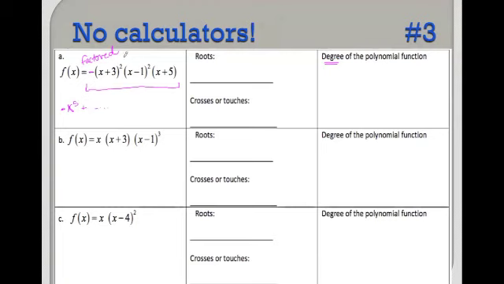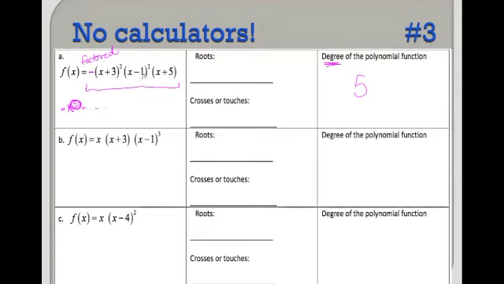Okay, and you would get that by foiling out x plus 3 times x plus 3 times x minus 1 times x minus 1 times x plus 5. You would end up with 5 x's. So I know the degree of my polynomial is 5. So when written in standard form, you can just look at the highest degree to get your degree.